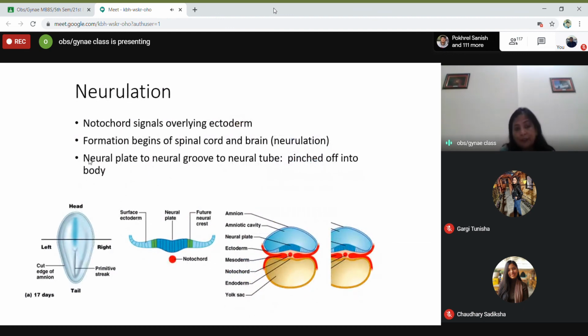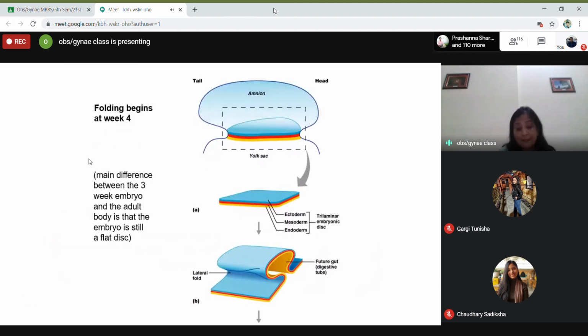Now I'm covering only the ovulation, fertilization, and implantation, and these are the things that happen in embryology. You may or may not have it in your course, I don't know, but in some pictures I'm showing the embryology that is after the second week of fertilization.